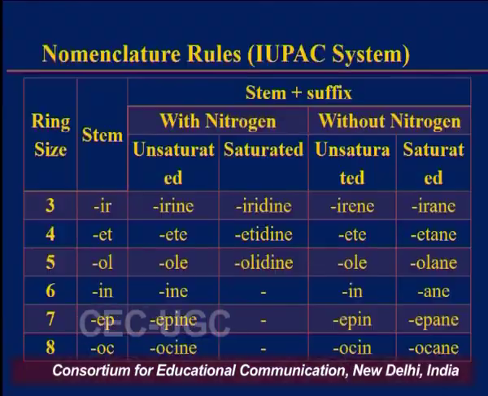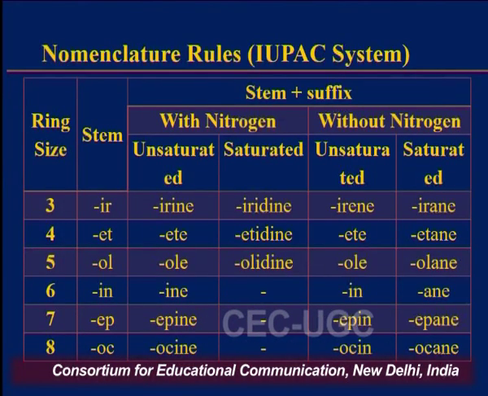You can see in this table, the first column represents the ring size, that is, whether the ring is 3-member, 4-member, 5-member, 6-member, 7-member or 8-member. On the basis of ring size there are specific stems.